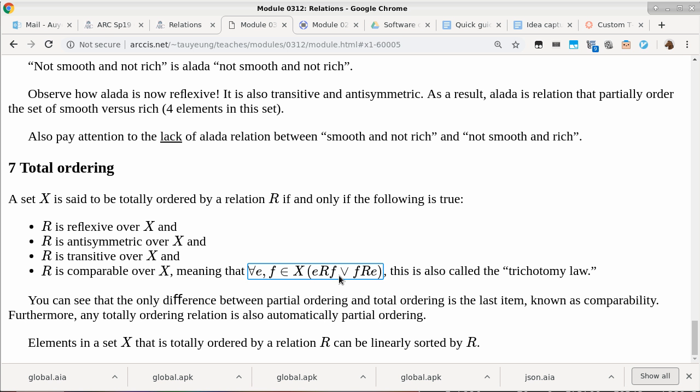Yes? I wanted to ask about the trichotomy property, if it's supposed to be "or E equals F" as well. Say that one more time. So for the trichotomy property, is it supposed to be "or E equals F" as like a third case? Or E equals F. Yeah. So to put parentheses around this whole thing and then do another or? No, all in the one quantifier.